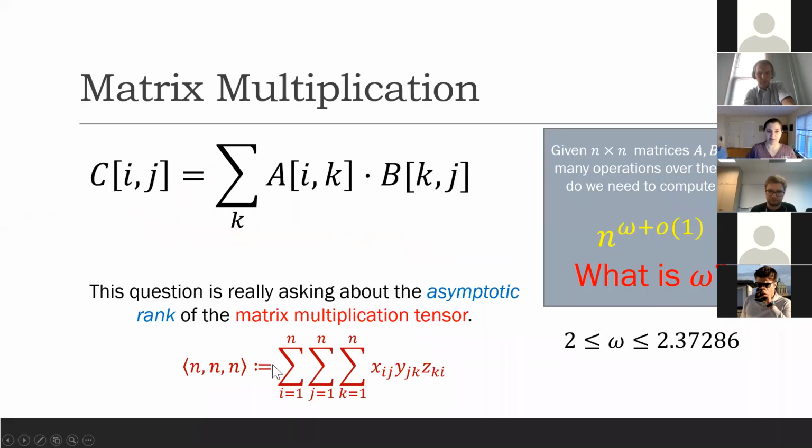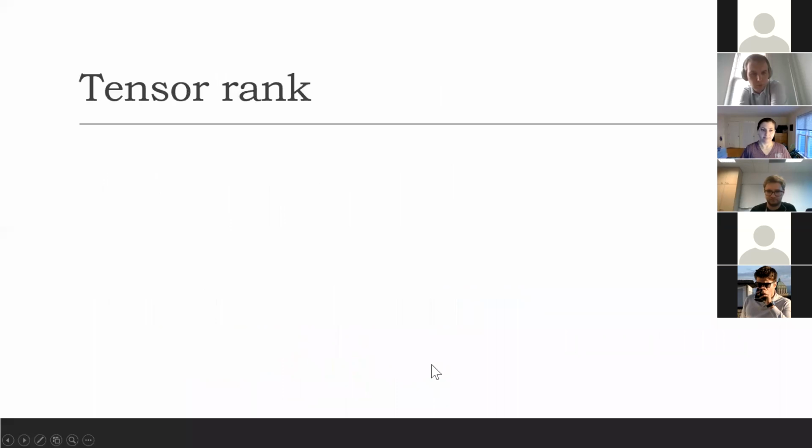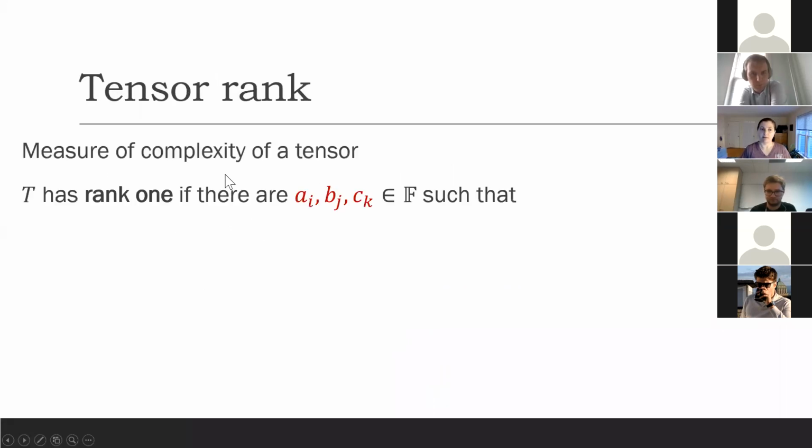Now the question about the complexity of matrix multiplication is just about the asymptotic rank of this tensor as n grows. So now I have to tell you what rank is and what asymptotic rank is. Tensor rank is just a measure of the complexity of a tensor. In order to define tensor rank, let's define what a rank 1 tensor is.